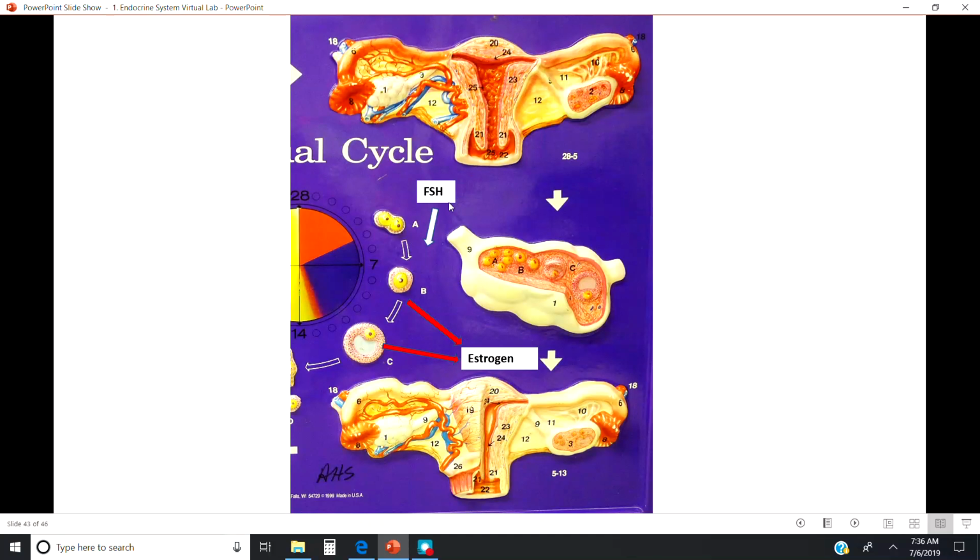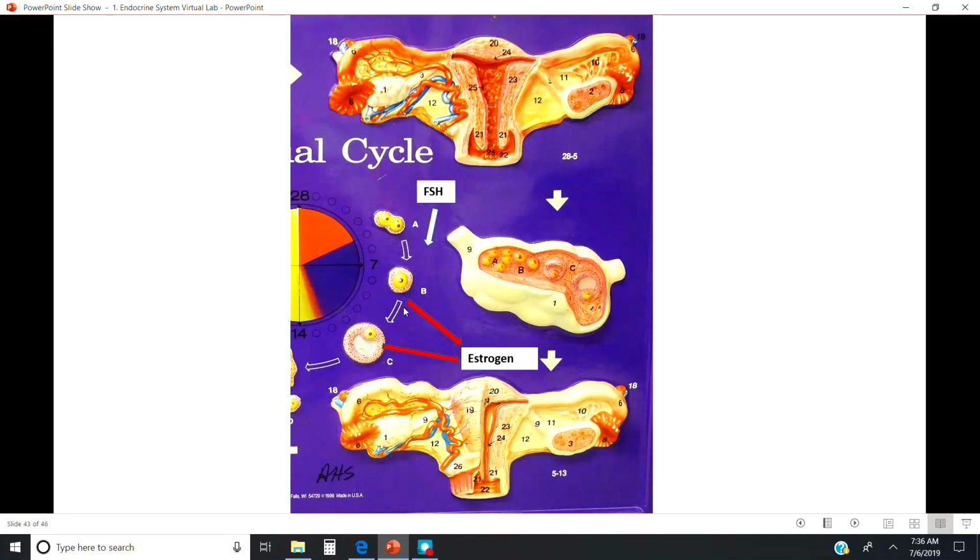Now, the changes that take place in the ovary are under the direction of FSH, which stands for follicle stimulating hormone. This is the hormone that comes from the anterior pituitary in the female, and it tells the follicles to start maturing. Primordial follicles are going to become primary follicles.